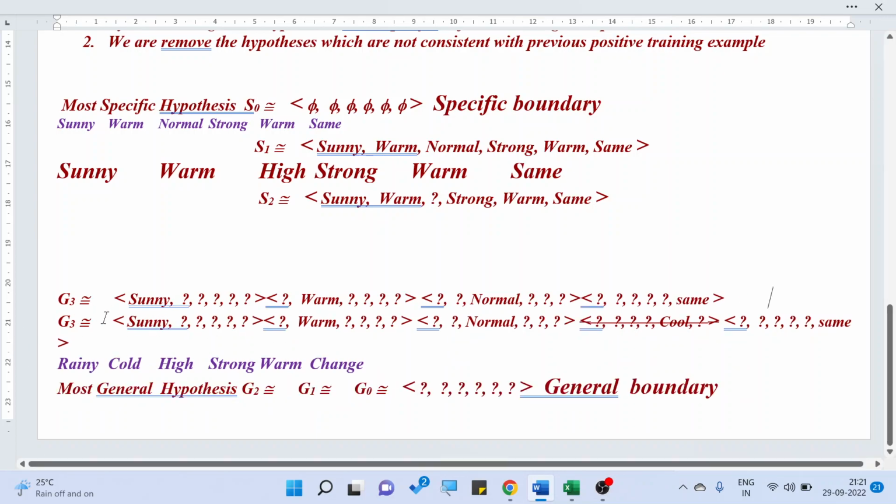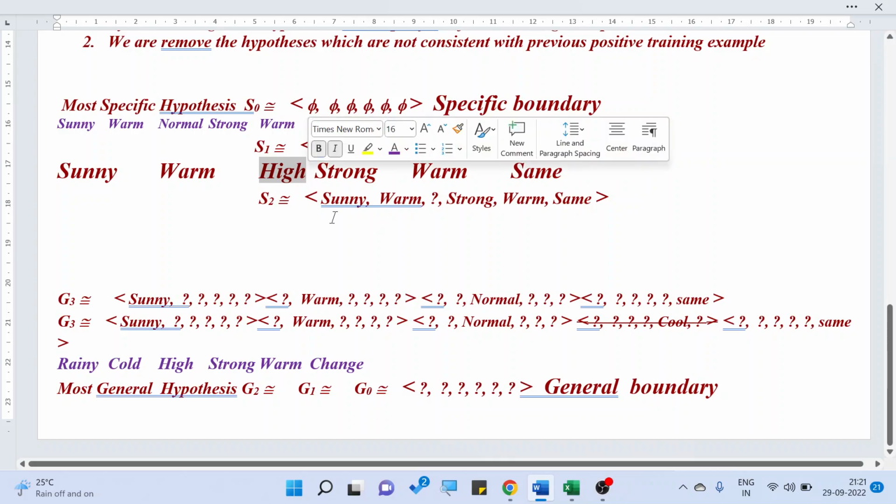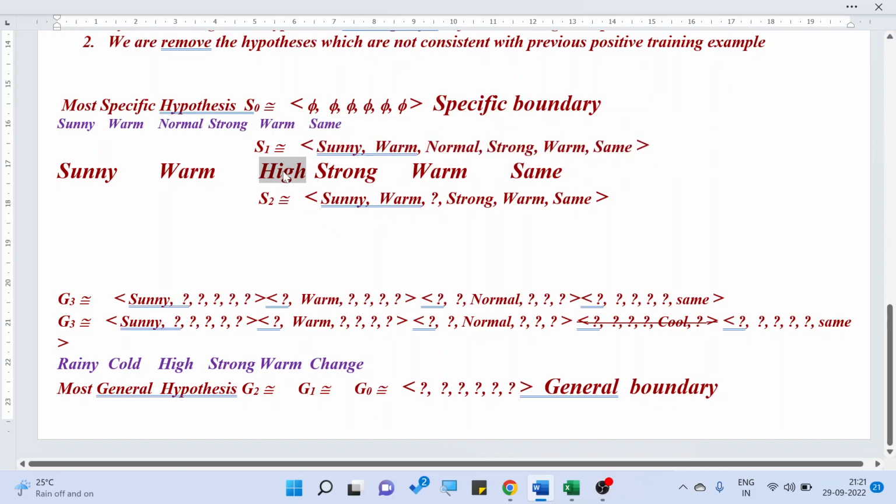Now, what about the second example? Let us compare with the second example. Here it is sunny, sunny, no problem. Warm, warm, no problem. Here, if the wind or humidity is high, he will enjoy. But here it is normal, he will enjoy. That means it is contradicting the second positive example.